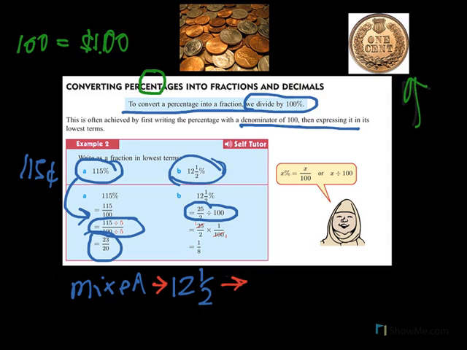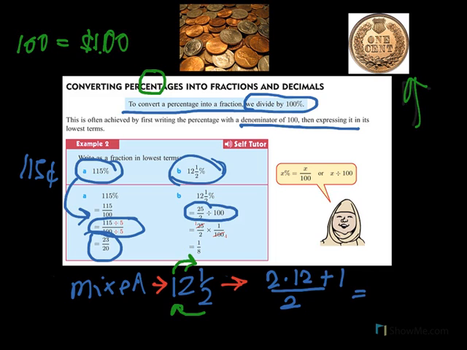To take it to an improper fraction, we simply multiply the 2 by the 12, and then we add the 1 to the 12. Basically, as a fraction, 2 is the denominator, and on top will be 2 times 12 plus 1.